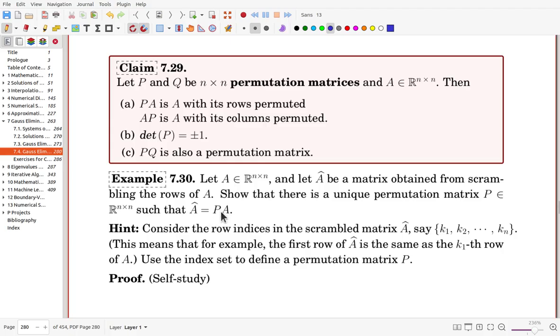Also, you can prove this one quite easily. Here a hint is given, and you can check it.